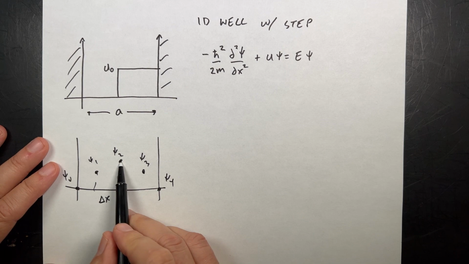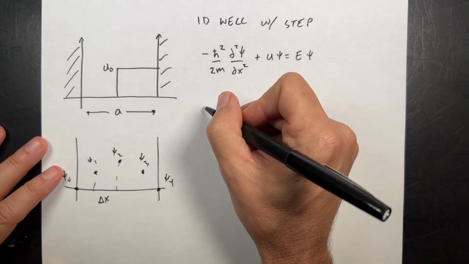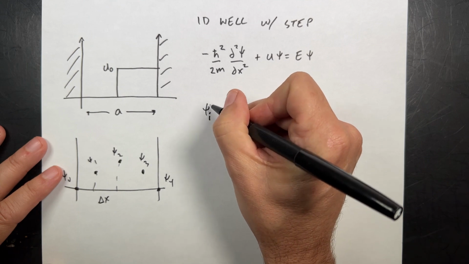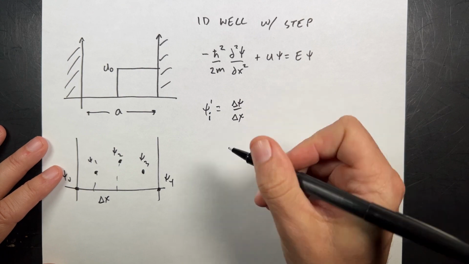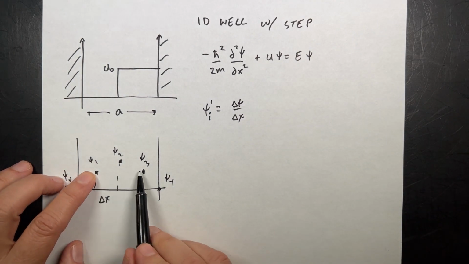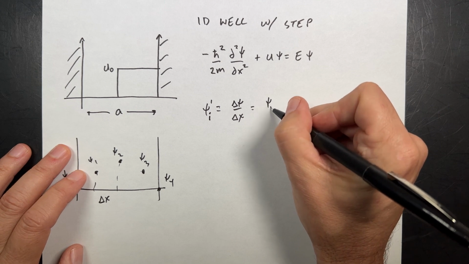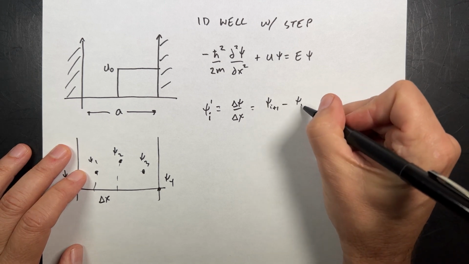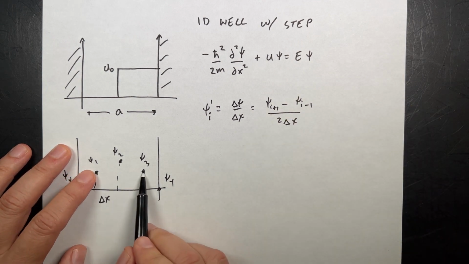And I want to find the first derivative at this one right here. Let's just call it psi i. So psi i prime, the derivative, is delta psi over delta x. But if I go from 1 to 3, this would be psi i plus 1 minus psi i minus 1 over 2 delta x, because I'm going that whole length right there.